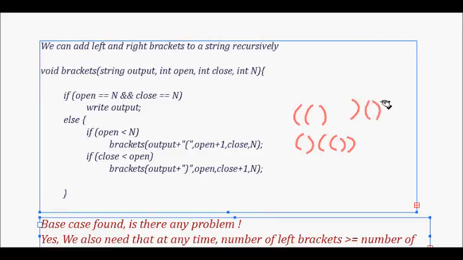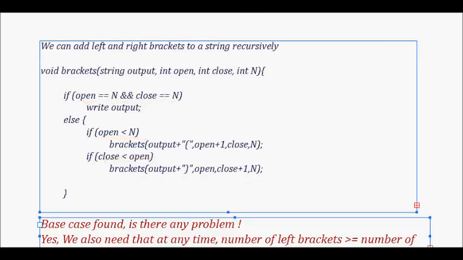This is not a valid statement, because first you have to open the brace, then only you can close it. So we need close to be less than open, then only should I put more closed brackets, and open braces should be less than n, so that it goes and increments by 1, then it will become n.